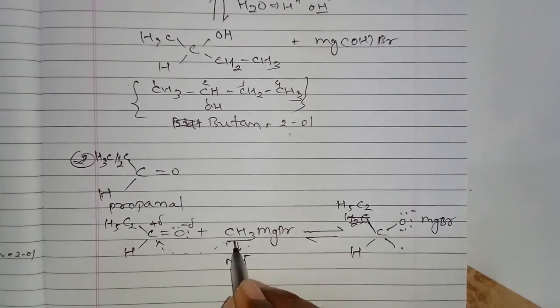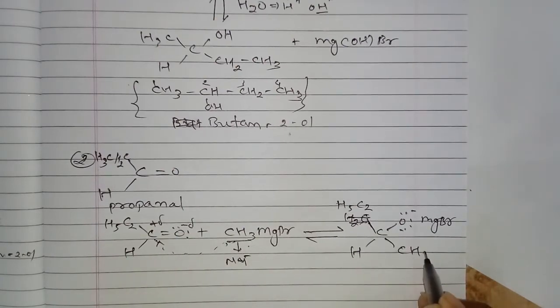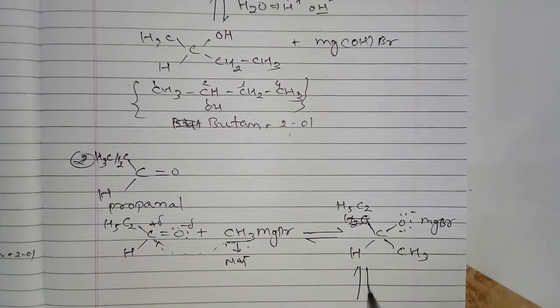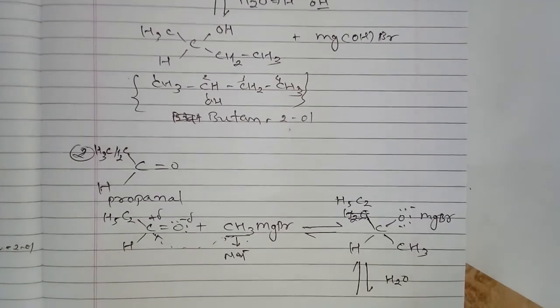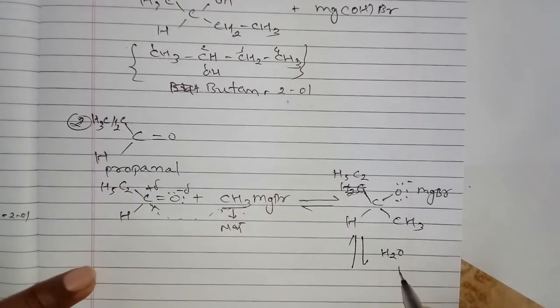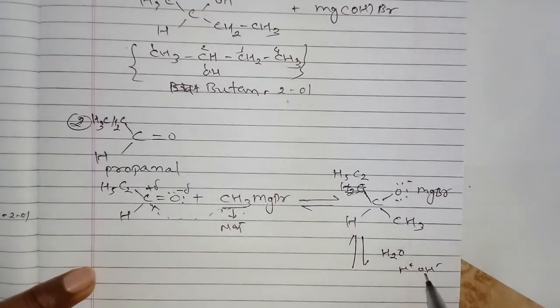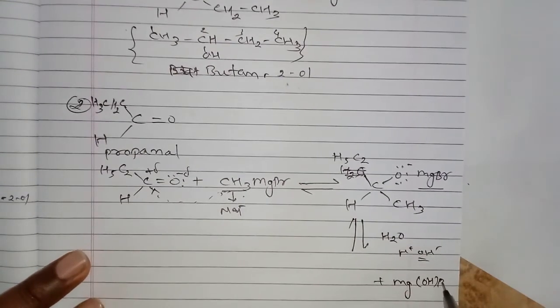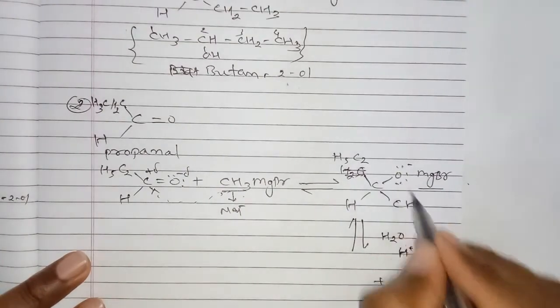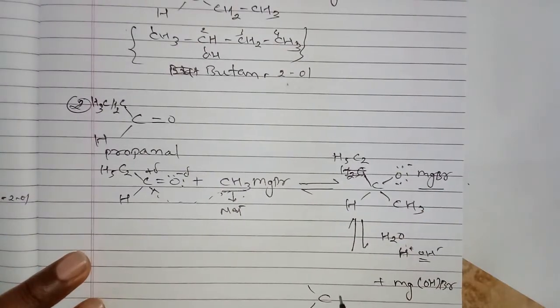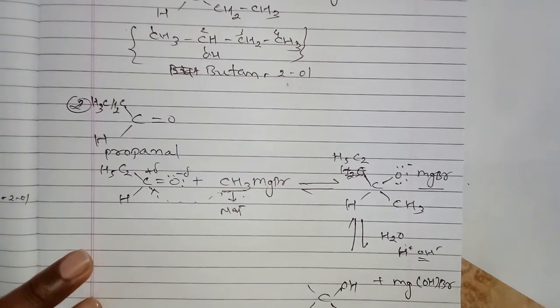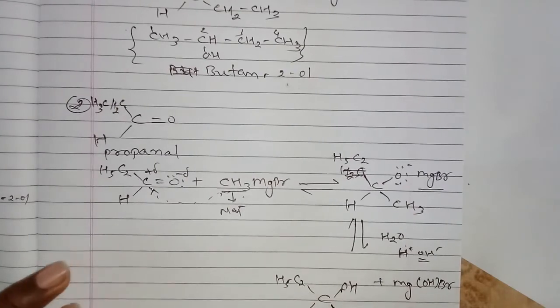So methyl is attached with the carbon. H2O, H plus and OH minus. OH minus will attach with MgBr and form MgOH Br, and H plus is attached with the oxygen, OH, CH3, and C2H5 remains as it is.